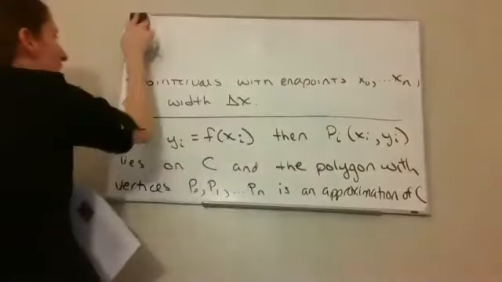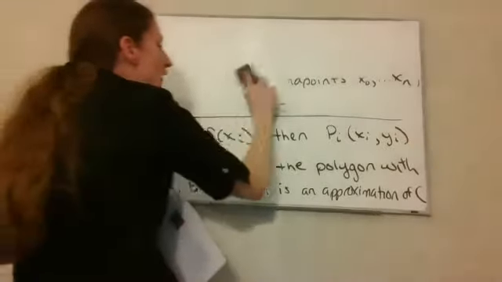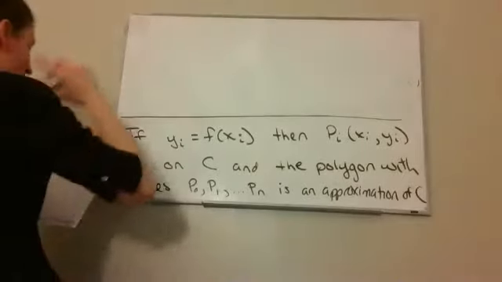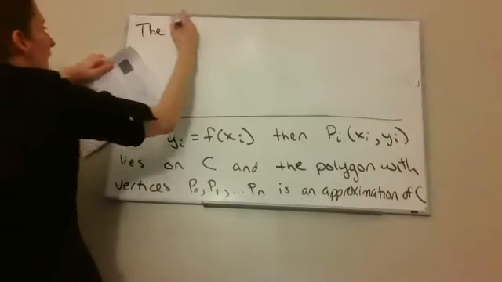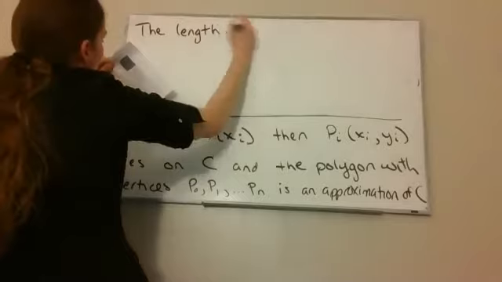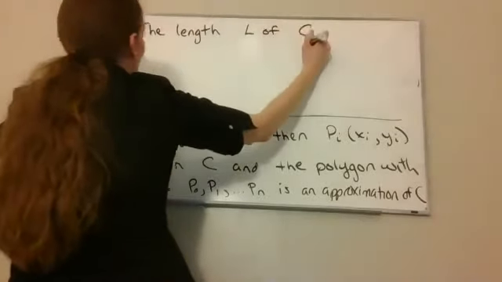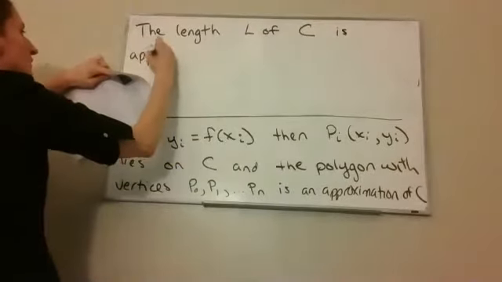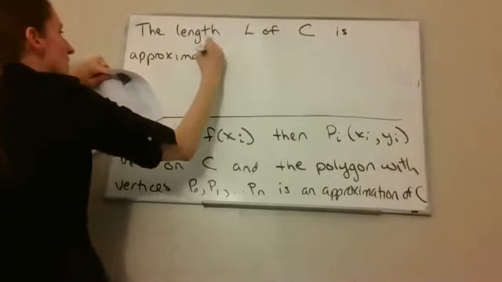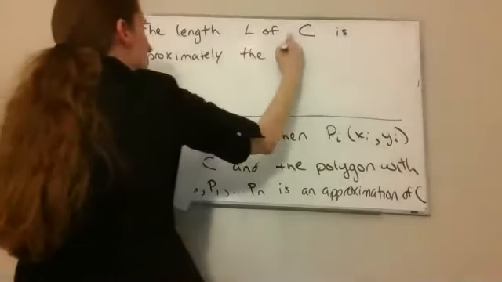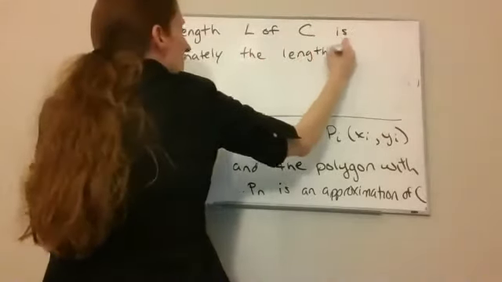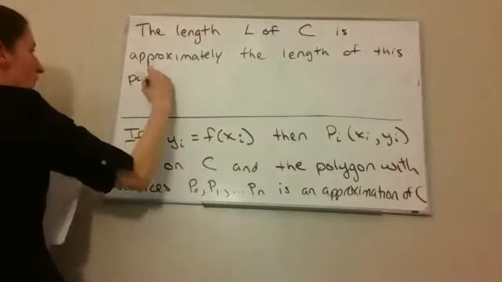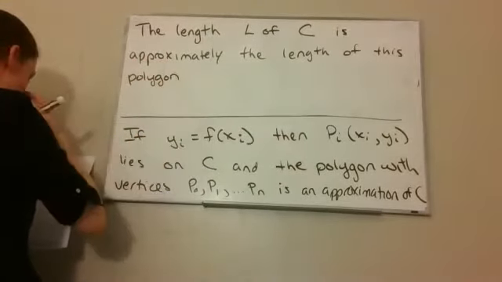So since this polygonal approximation is approximating our curve, then the length L of our curve C is approximately the length of this polygon. So of all of those straight lines added up together.